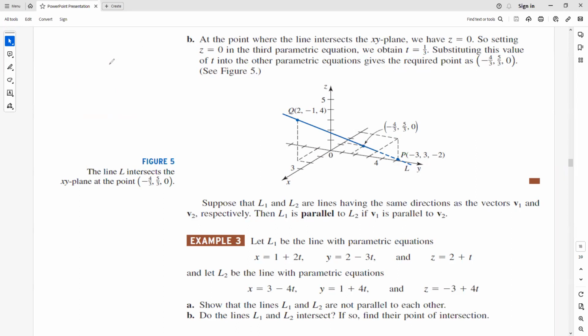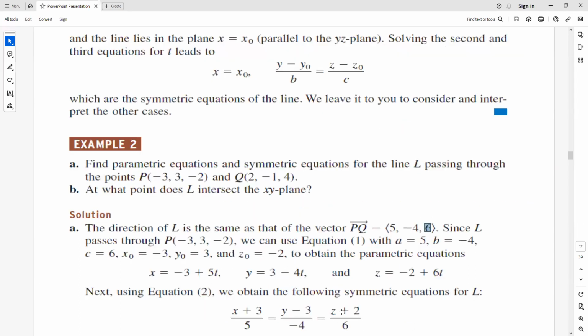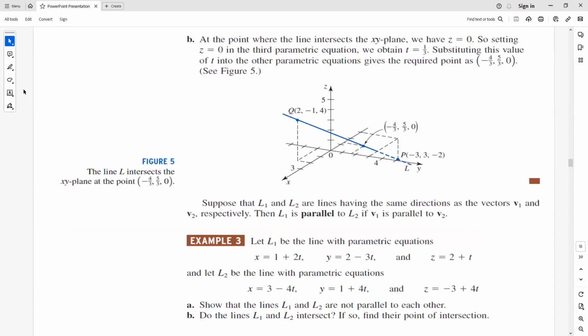We have Z equals 0. The third parametric equation is Z minus Z naught over C. We chose point P, that was -3, 3 and -2, so Z naught is -2. So Z plus 2 equals CT, and C is 6, so 6T. Z is 0 at the intersection, so we get 2 equals 6T. Therefore, T equals 1/3.